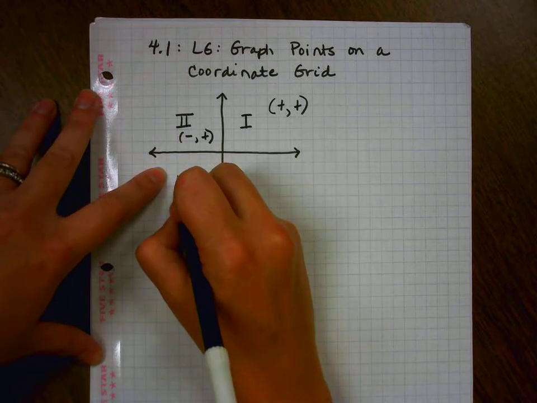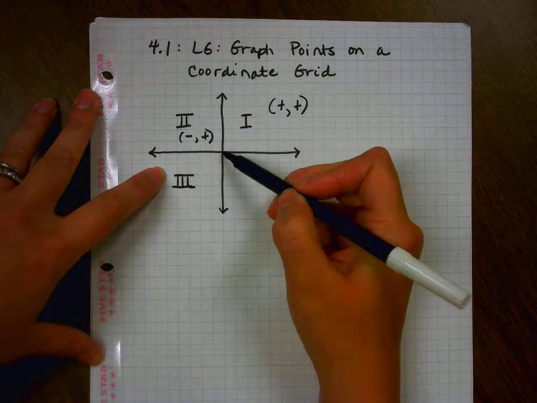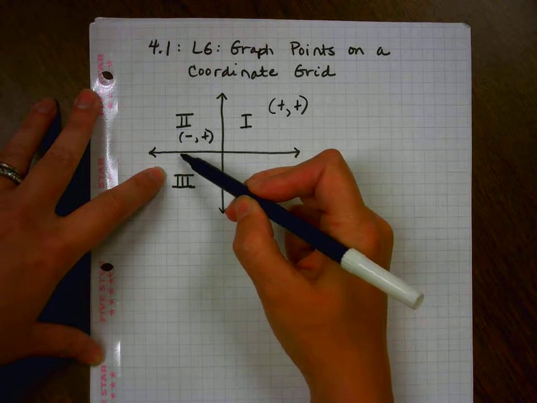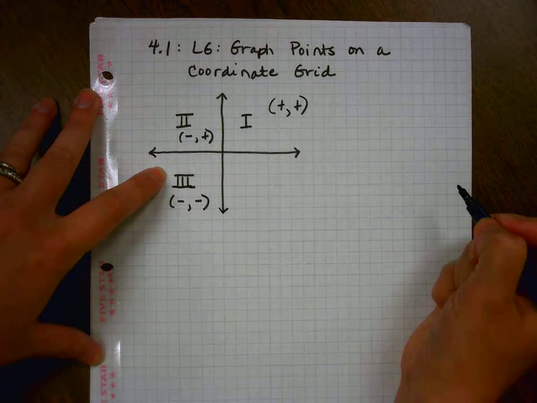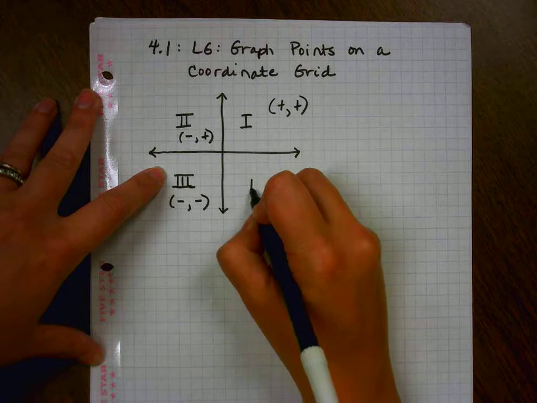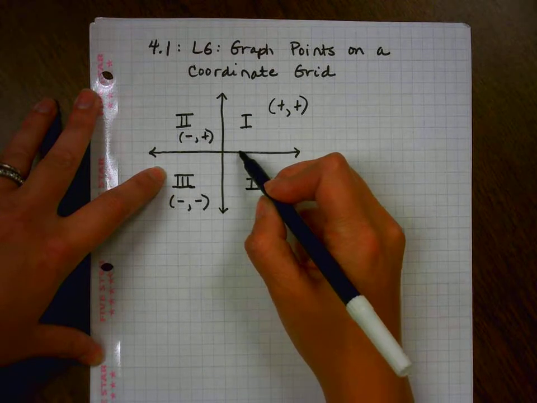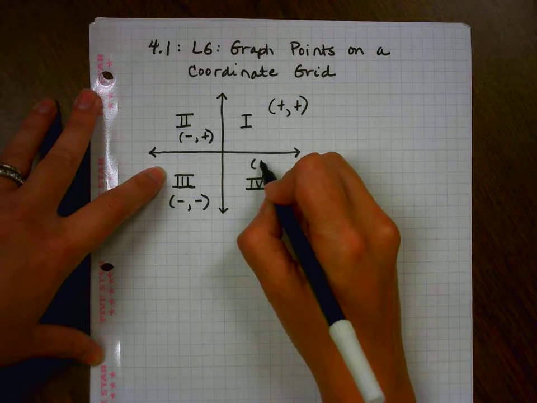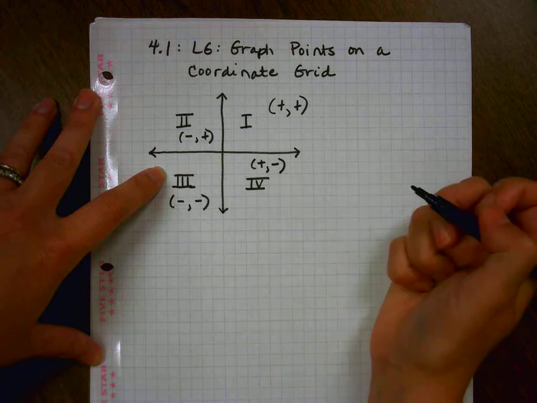Then you have quadrant 3, and in quadrant 3, you have to go negative x and negative y. So everything in quadrant 3 is going to be negative. And then you have quadrant 4, where everything on the x is going to be positive, but then you always go down for the y for negative.